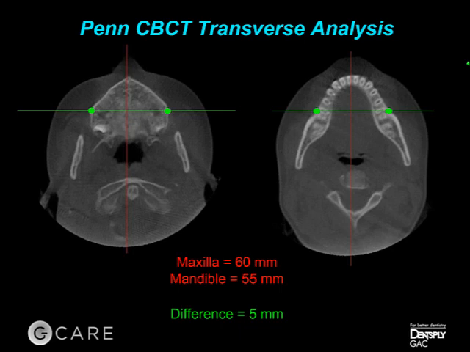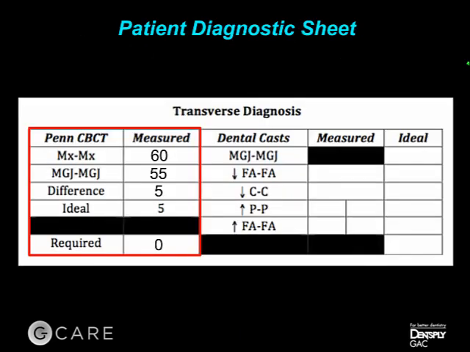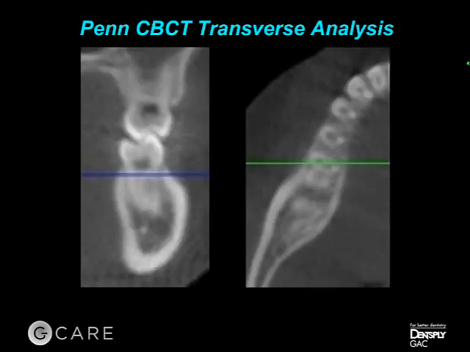Now, the reason that we used the axial cut on this, and when we put this in our diagnostic sheet, you can see that there is 0 millimeters of expansion required. But the reason for the axial cut is that if you look at the frontal cut here, you have to remember that the mandible is tapered.